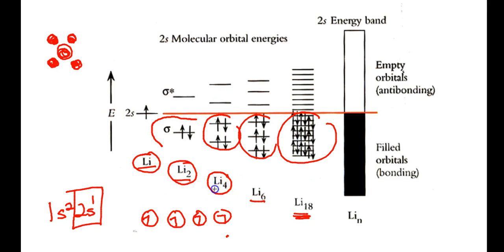So MO theory shows us that when I put these guys together, I'm just putting more and more what? Bonding orbitals together. And of course, Li18 is small. If I've got a gram of lithium that's stuck together by metallic bonding, there's a heck of a lot more than 18 of them.